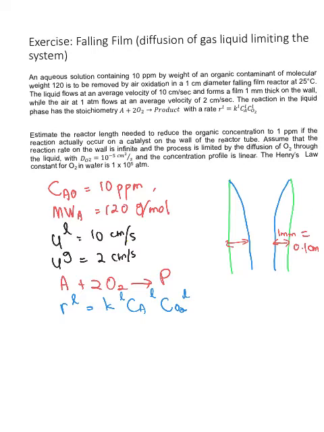Okay, now what you need to do is to calculate the length of reactor L. So what is the value of L? Given the organic concentration reduced to 1 ppm.